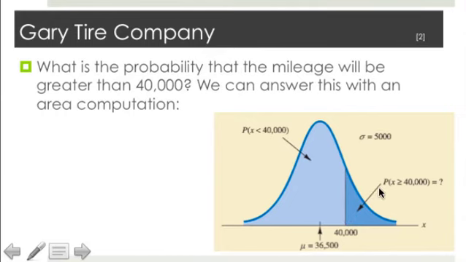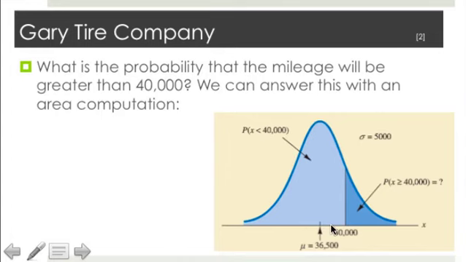What is the probability that X, our random variable, will be greater than or equal to 40,000? That probability, as we've seen before, corresponds to the area of this dark blue shaded region. If we were interested in the probability that a tire lasted less than 40,000 miles, it would be over here in this lightly shaded region.